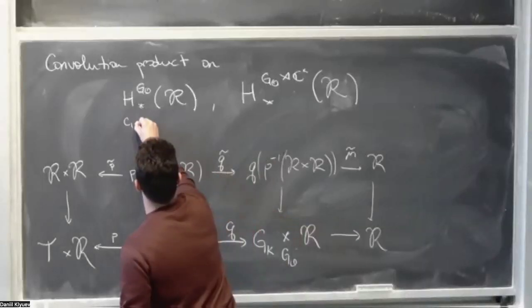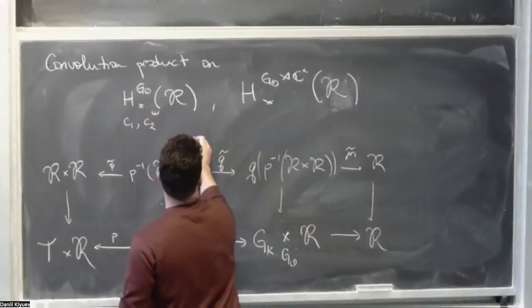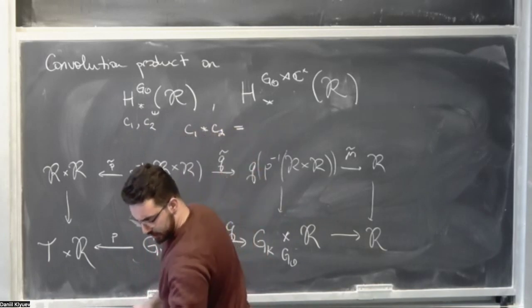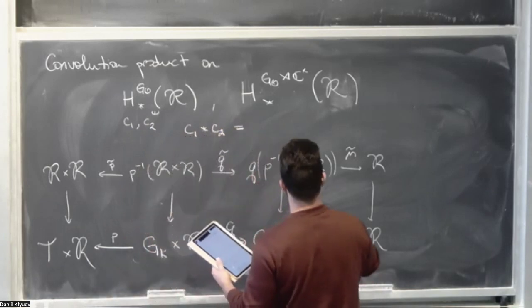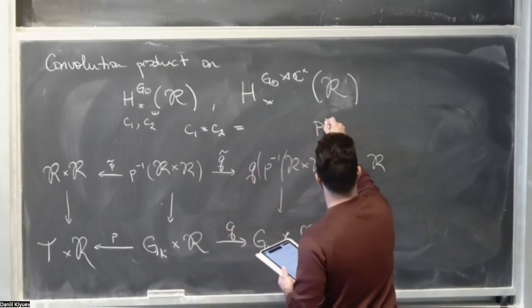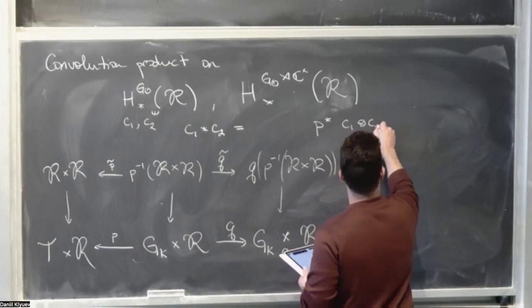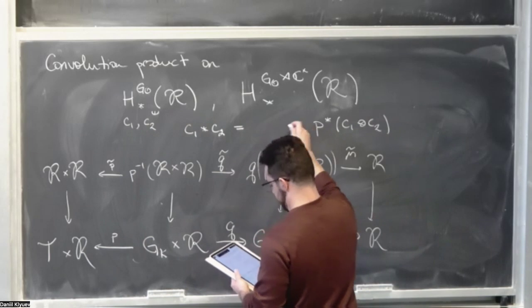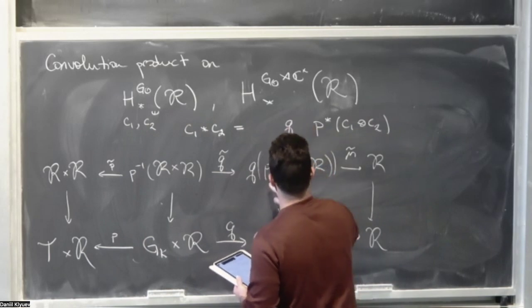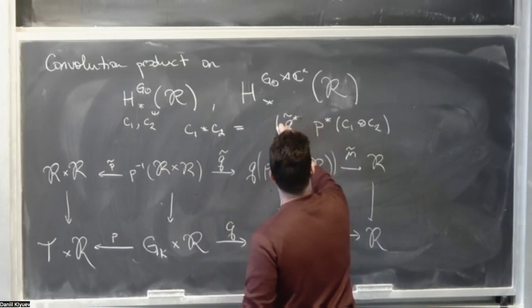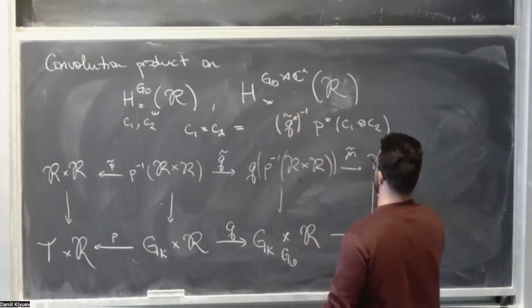And then for two elements in here, the convolution product is supposed to be, yeah, pull back their tensor to there. And you observe that it descends down here. Push it down by m.